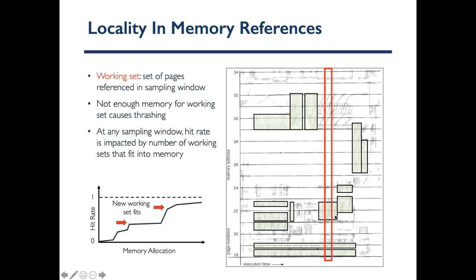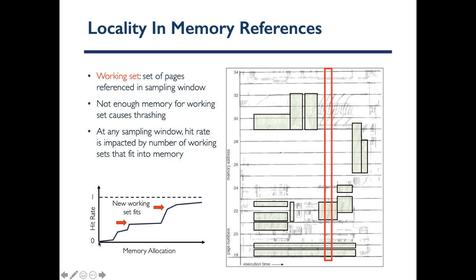Let's say we're just interested in this window, and we can run the application many times. Each time I allocate a different memory capacity to my application and measure its hit rate in that window. What you will observe is that your hit rate as a function of memory allocation will be a step function like this.